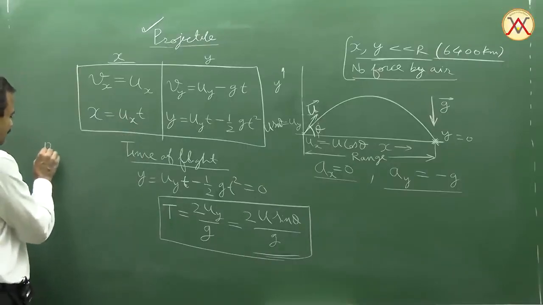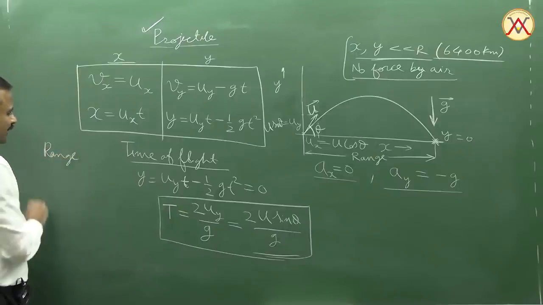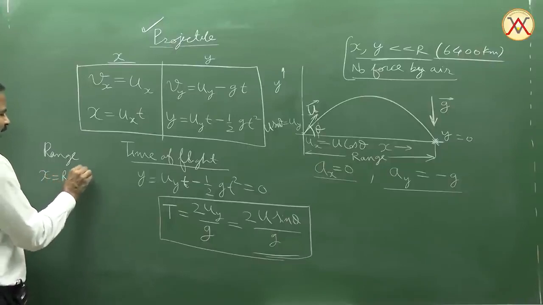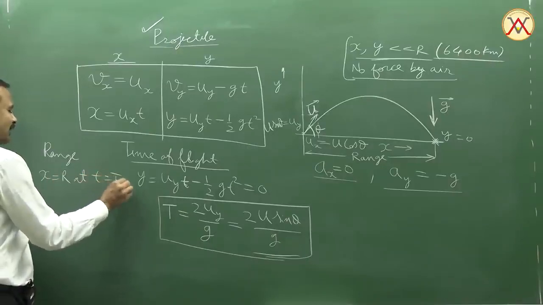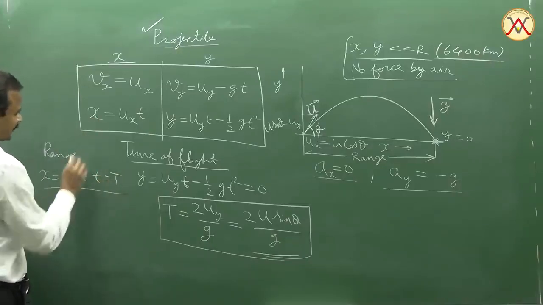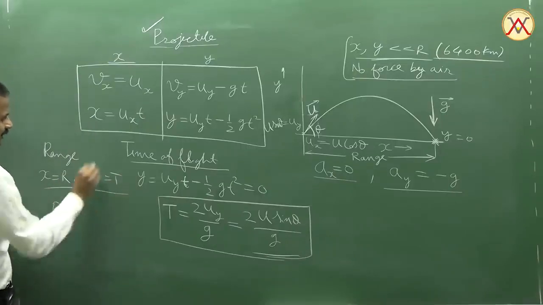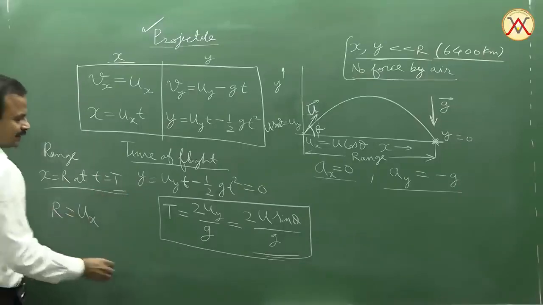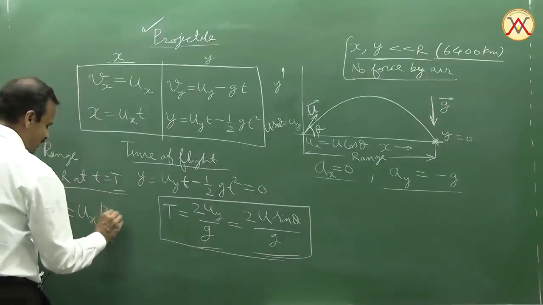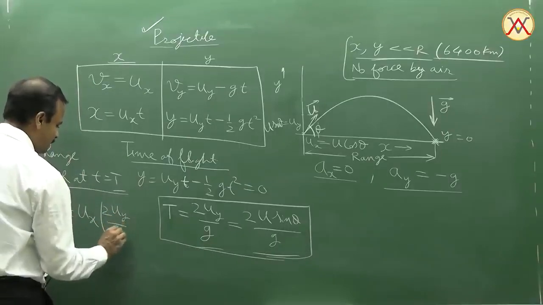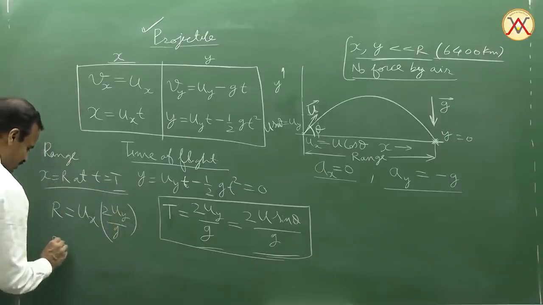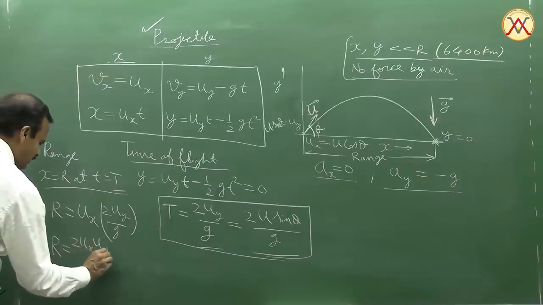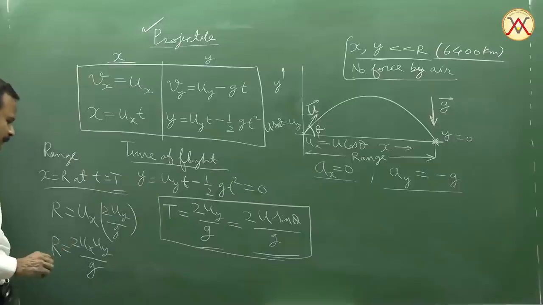So, for range, I will put x equal to R at t equal to capital T. So, if I do that, x equal to R and ux multiplied by T, which is twice of uy by g. So, the formula for range becomes twice ux uy by g.